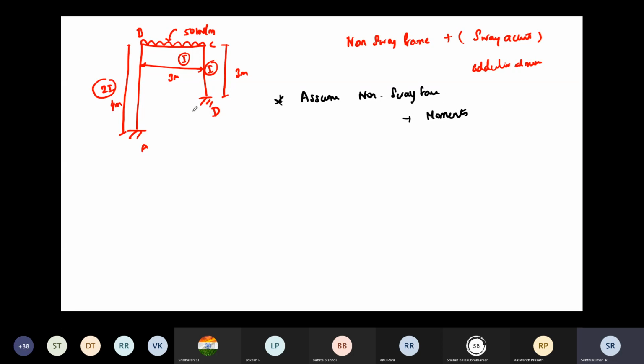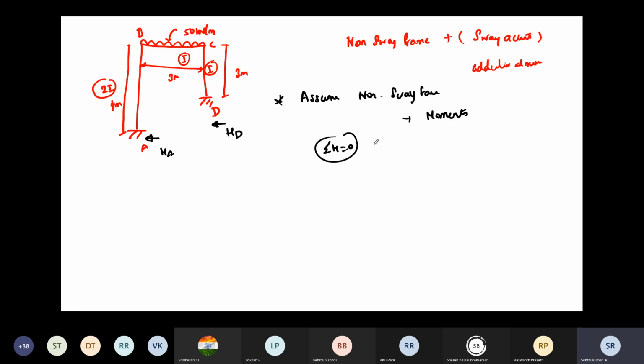Due to the moments, you will get reactions, maybe HA and HD. If the frame is exactly a non-sway frame, the summation of horizontal forces and external force should be equal to 0. That means it should be in equilibrium, right? Sigma H should be 0.